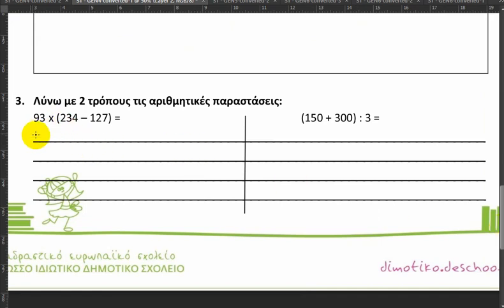All right. We have 93 times 234 minus 127. So this becomes 93 times 107. 93 times 107 makes 9,951.